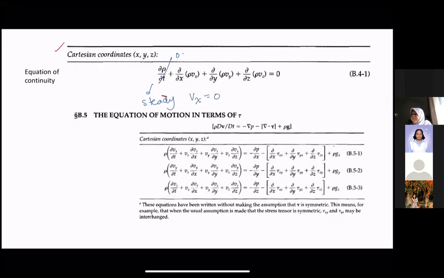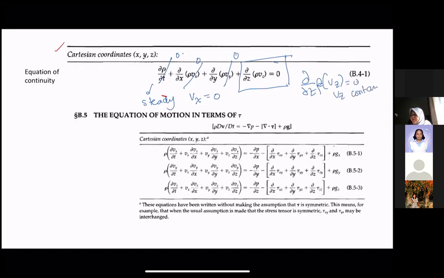So this also would be equal to 0. And then the term in y is also equal to 0. So that will leave us with this one: d over dz of rho vz equals 0.